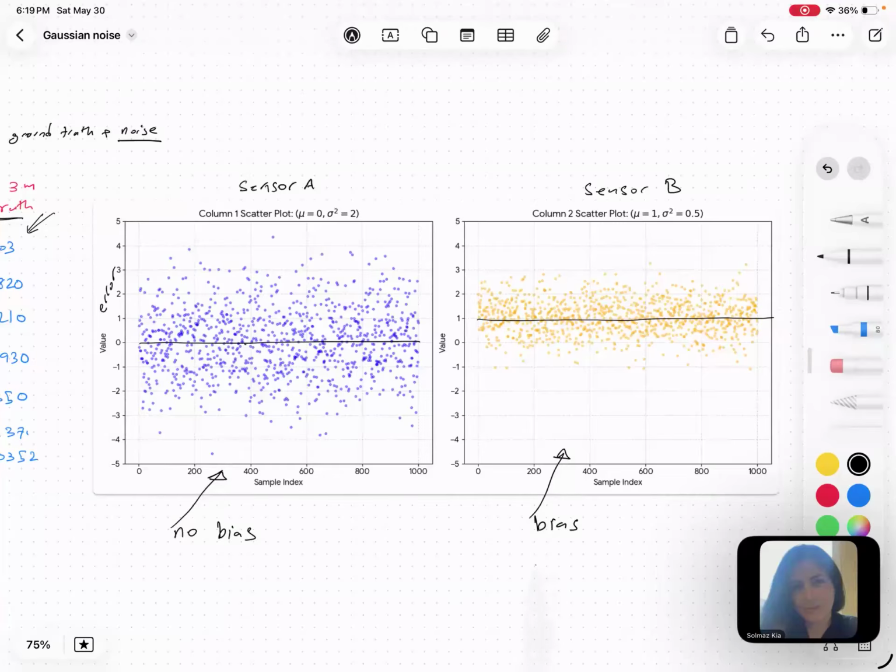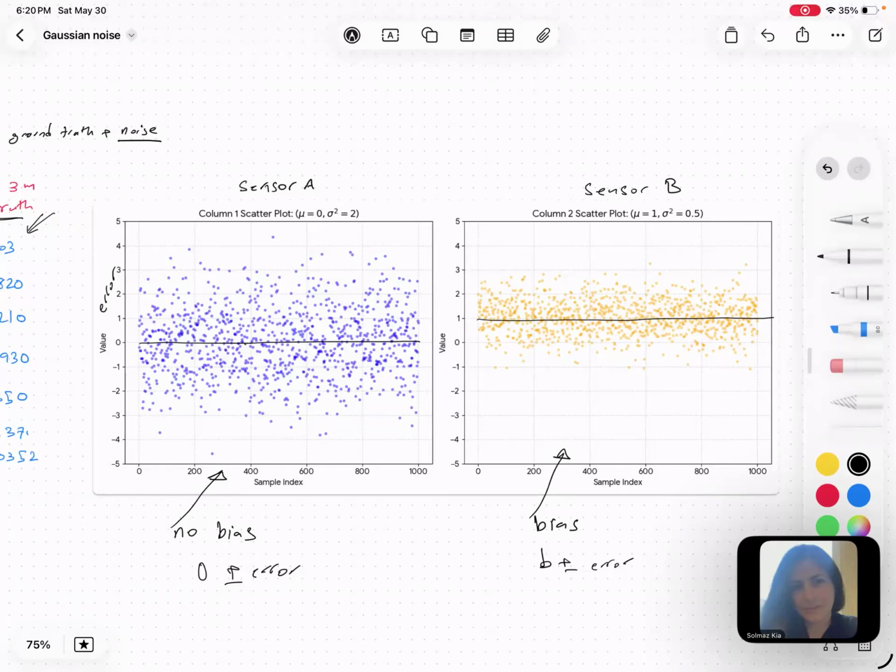So in this case, we have a bias plus or minus some error, and for the other one it is 0 plus error. So on average, sensor A behaves better from the bias perspective. However, if I look at this plus or minus around the average value, I can see that sensor A has larger deviations.